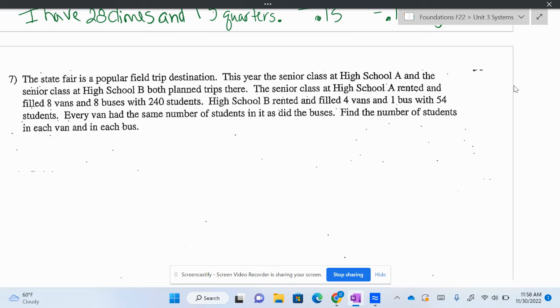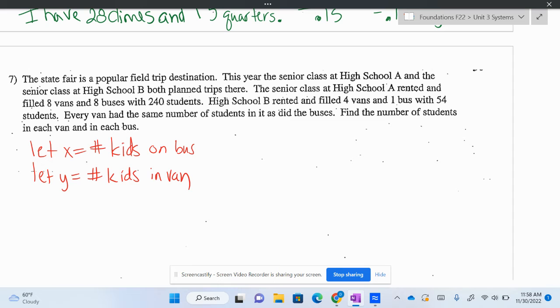You're trying to figure out how many students fit in each bus and van. So Gavin, turn around. We're going to let x equal number of kids on the bus, and I'm going to let y equal number of kids in the van.